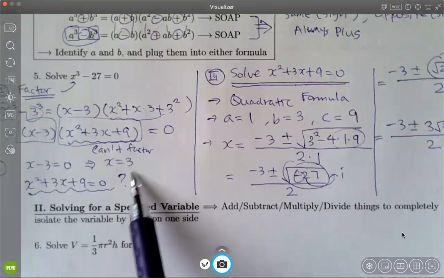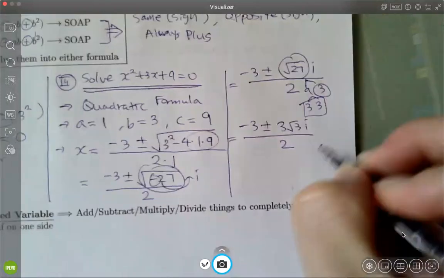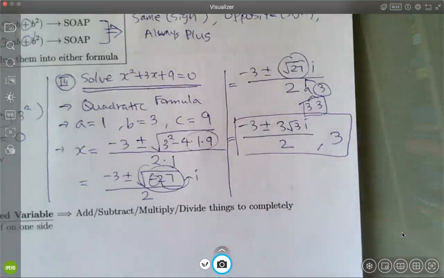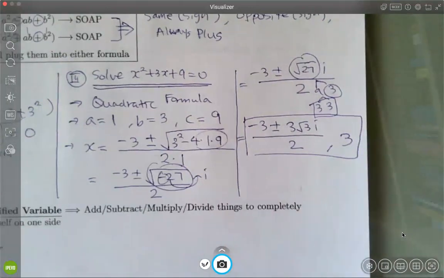So what's the answer then? It's this and 3, right? So how many answers did we get? 2? No, look closely. It looks like it's 2, but it's not 2.